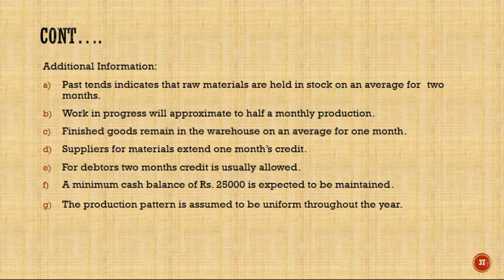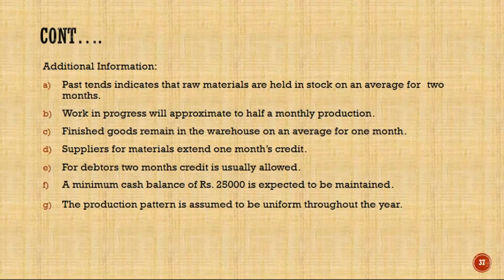And to support this, to help the calculation, they have given earlier information, which is concerned with the cost of production, total cost of the product and sales price and all. So let us see how to solve this type of problem.